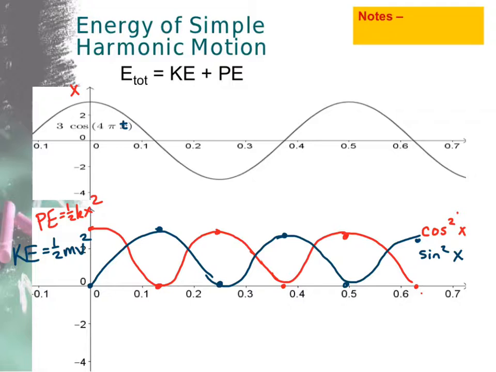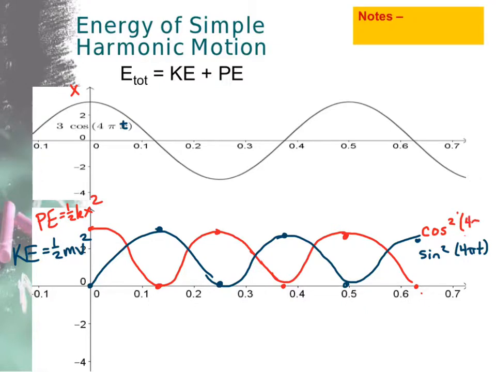And then this thing down here at the bottom right should be sine squared of 4 pi t, and this should be cosine squared of 4 pi t.